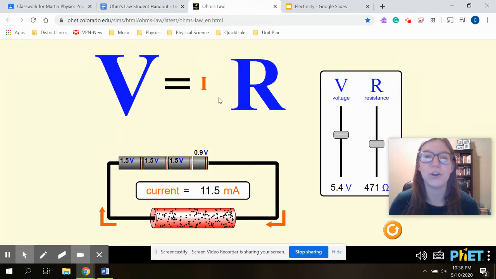So current is usually measured in amperes, but amperes is kind of like watts when we talked about watts. You guys knew watts was a unit, but no one really uses watts when talking about just how many watts are in things, because a light bulb has 100 of them already. So the common subscription for it is milliamperes.